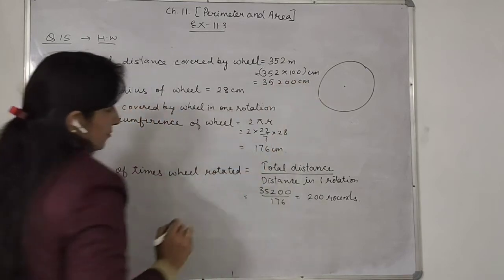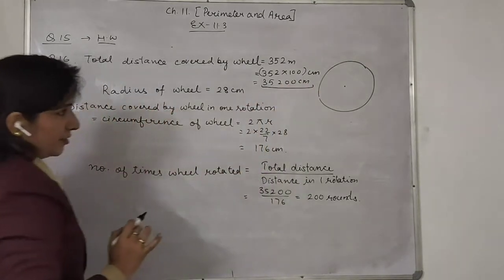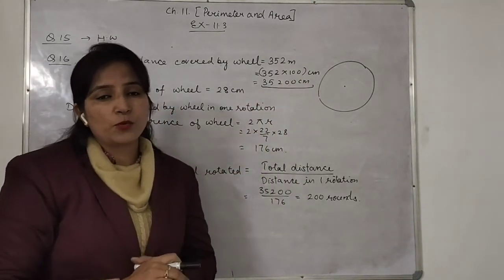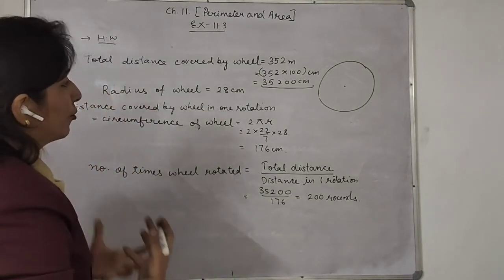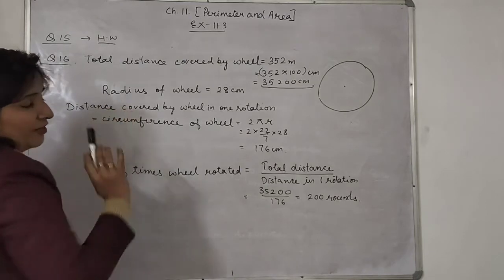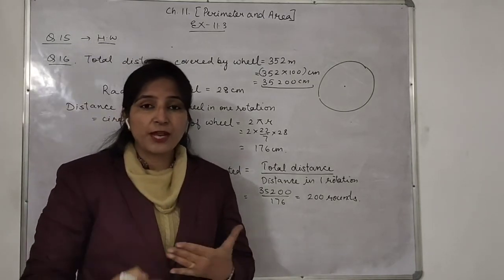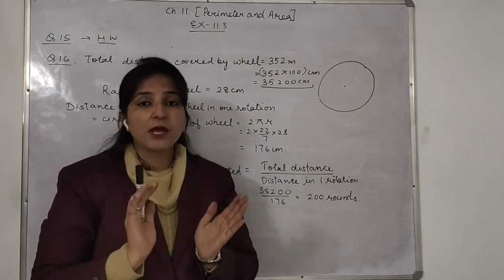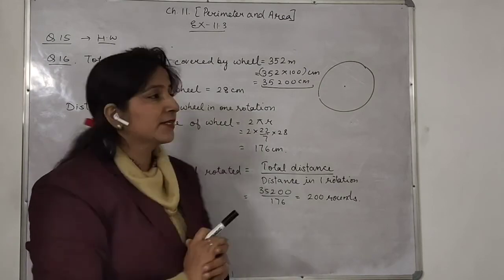It means the wheel is covering this much distance in centimeters. Now we need to calculate how many rounds the wheel has taken, or how many times the wheel has rotated. For that we need to calculate the circumference of the wheel, so that we have the one round distance, meaning in one rotation how much distance the wheel is covering.